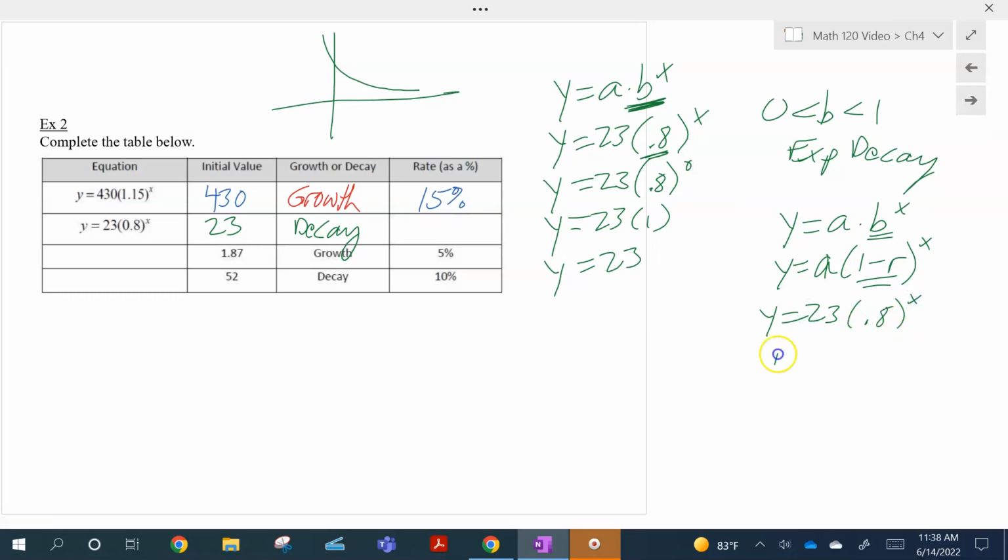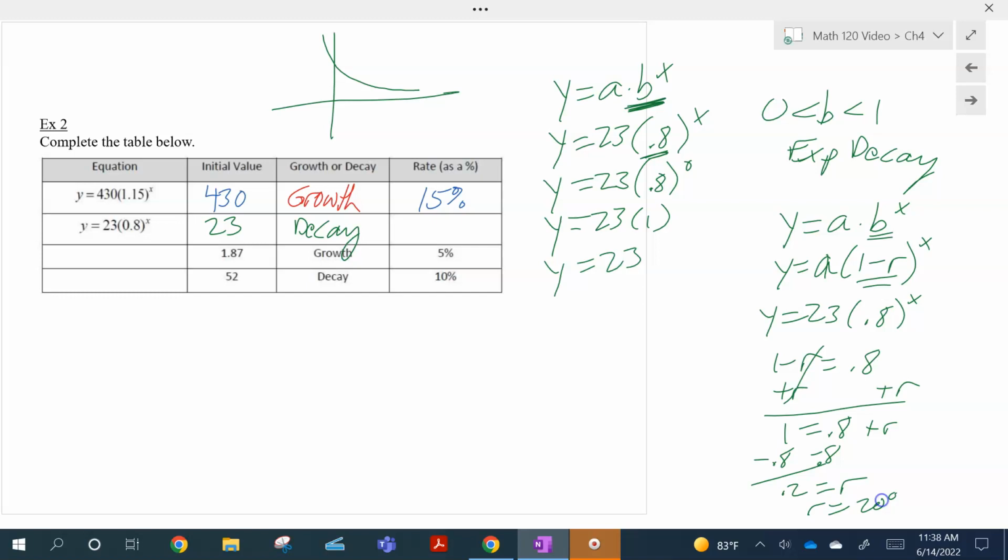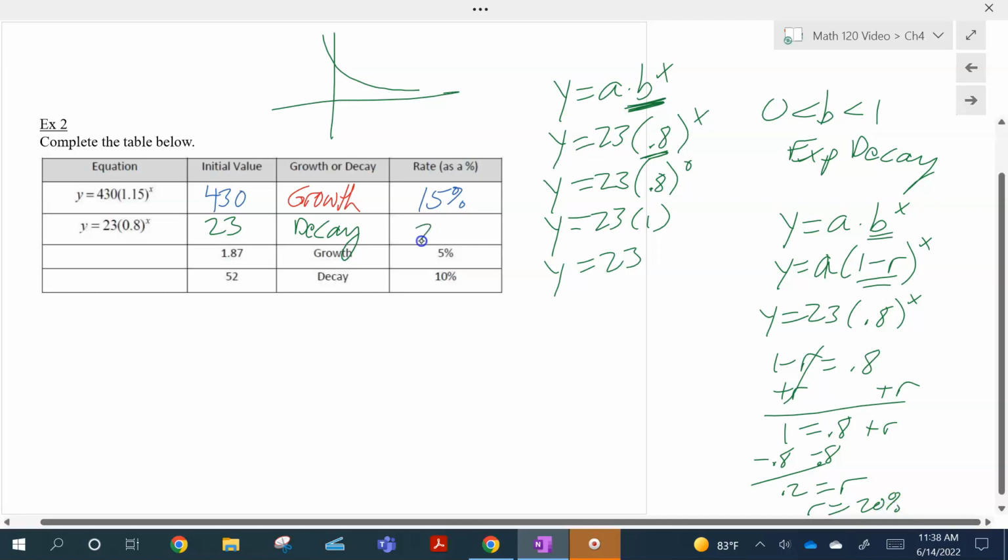Well, 1 minus r equals 0.8. Let me get my r over here. And it's 0.2, right? It's 0.2 less than 1. So my rate is 20%. It's decaying 20% year to year. It's decreasing 20% year to year.